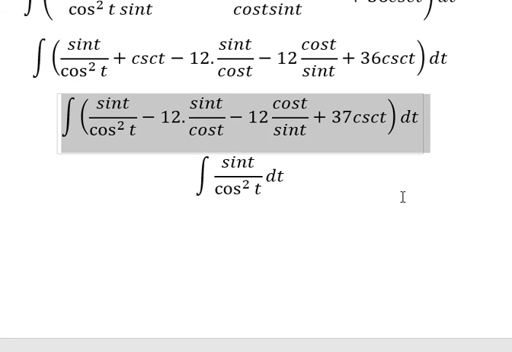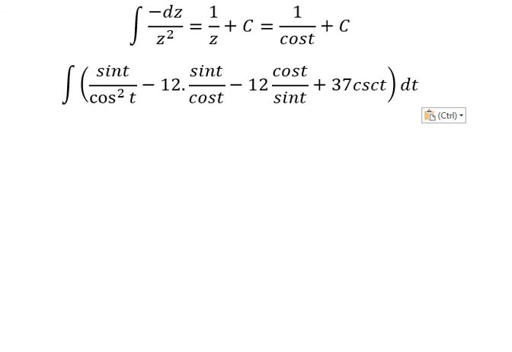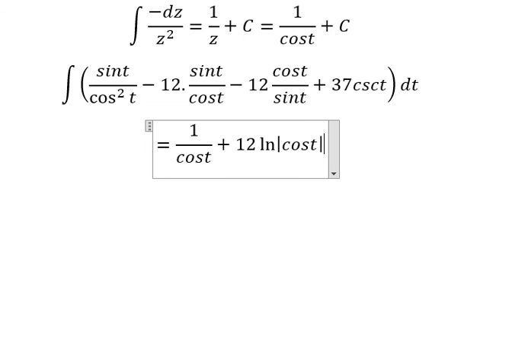Now we can get the final answer. The integral of this one you get 1 over cosine t. The integral of this one you get negative. Because we have another negative, you get positive number 12 ln of the absolute value of cosine t.